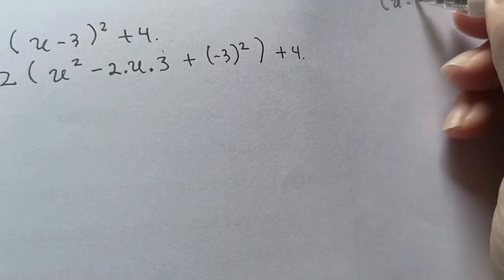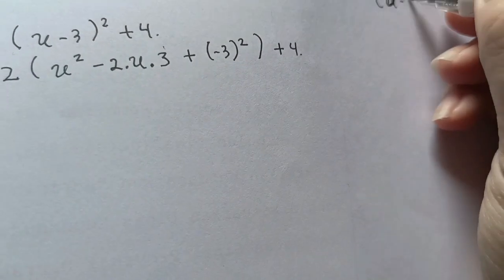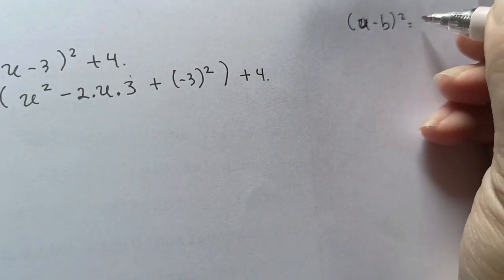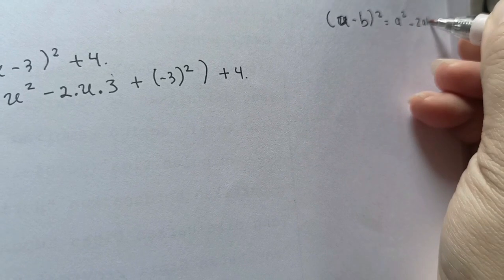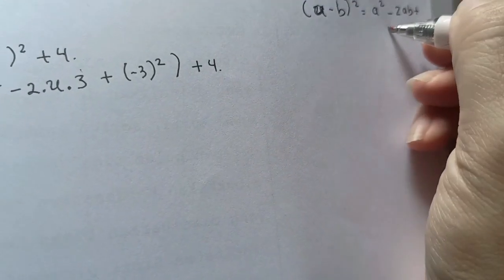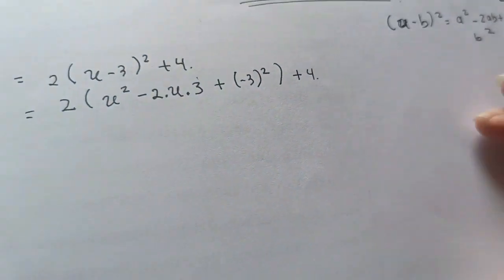X minus b quadrat will be a quadrat minus 2ab plus b quadrat.